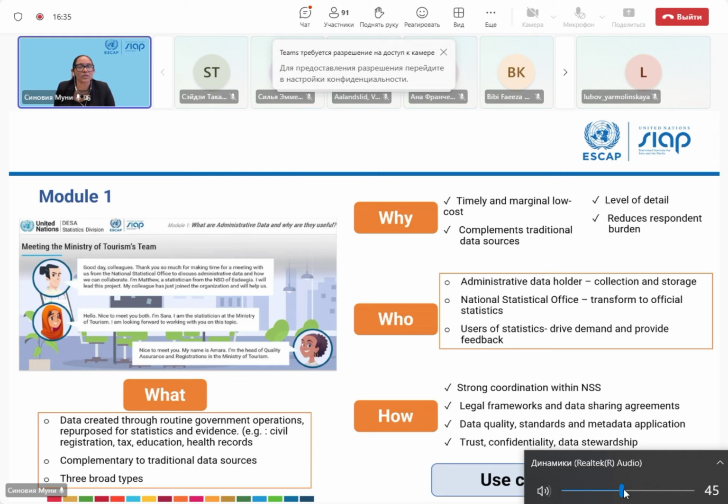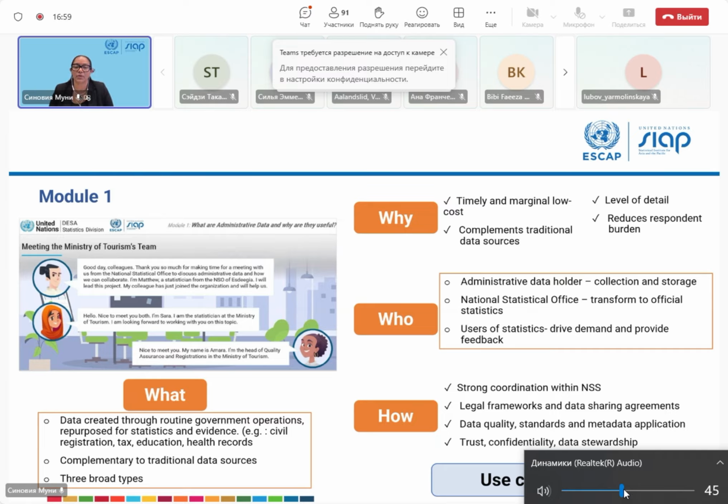In addition to that, beyond the what, we also learned why administrative data is important. So in the module, you will understand some of the key features of administrative data. Some of them include timeliness, which is how quickly the data can be accessed and used for official statistics.